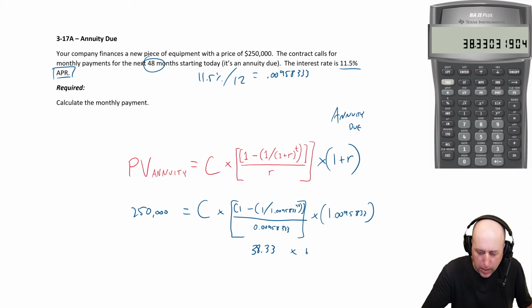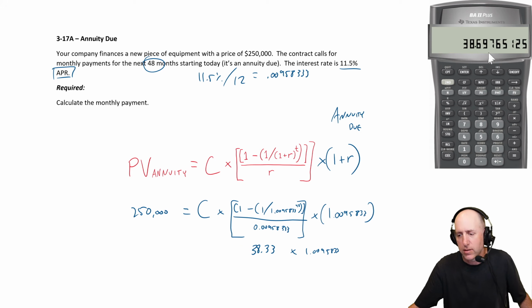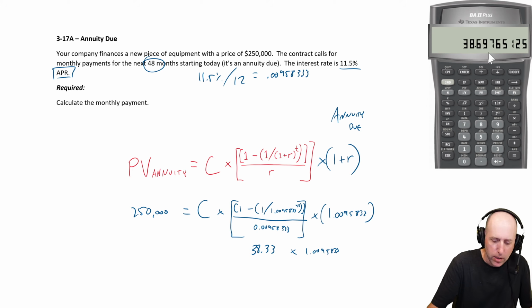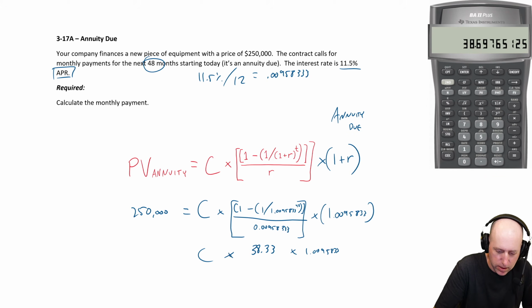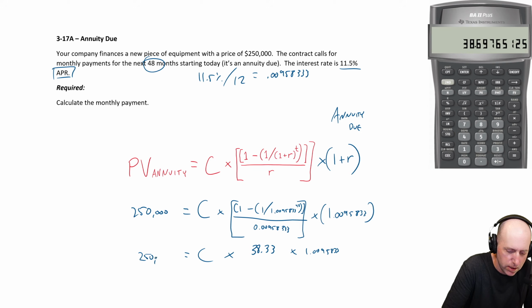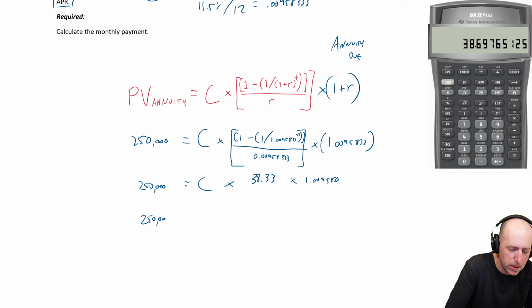I'm going to multiply that by 1.009583333, and I get 38.69765. So C times that equals 250.